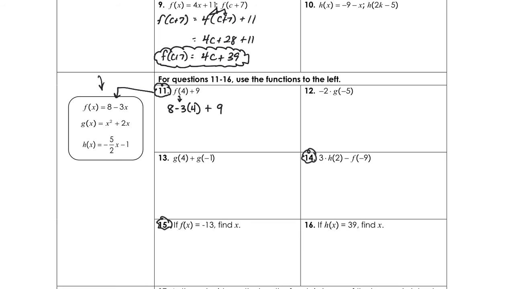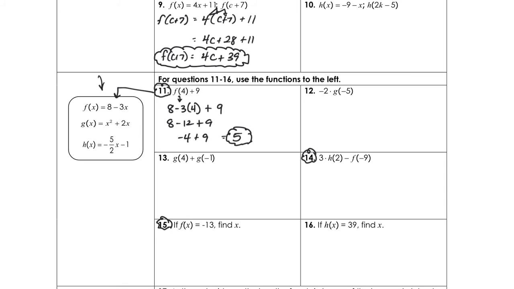Notice that I'm taking f of x, which is 8 minus 3x, and rewriting it as 8 minus 3 times 4. Essentially we've created a new expression: 8 minus 3 times 4 plus 9. Negative 3 times 4 is negative 12, plus 9. 8 minus 12 is negative 4, and negative 4 plus 9 is equal to 5. So the final answer to this one is 5.